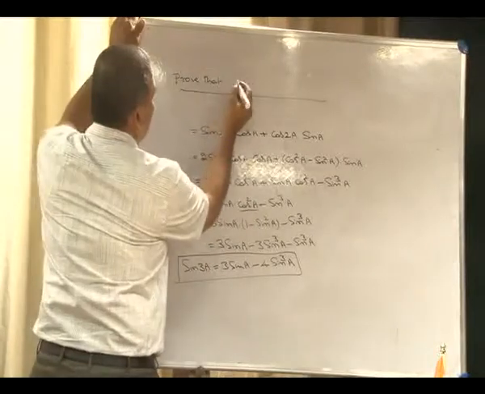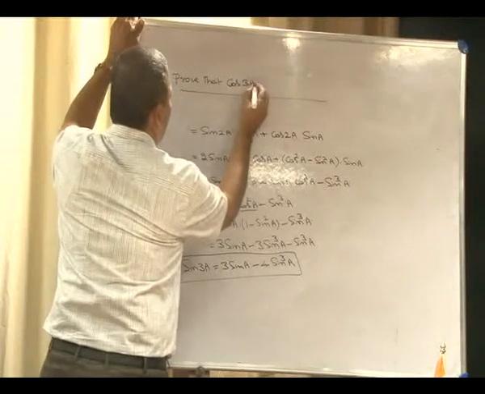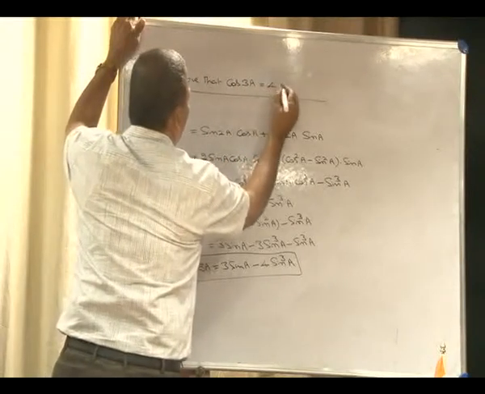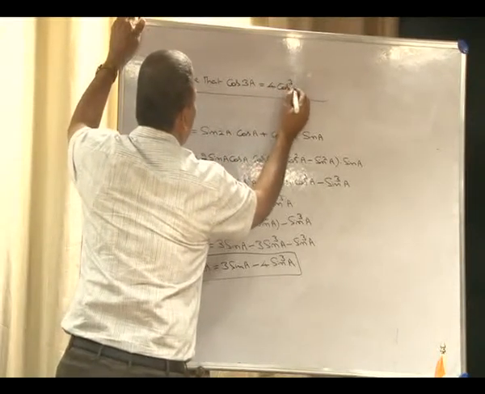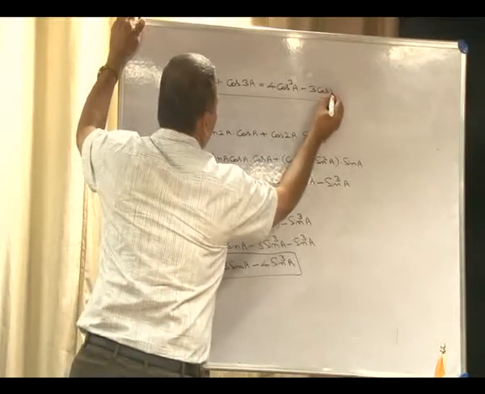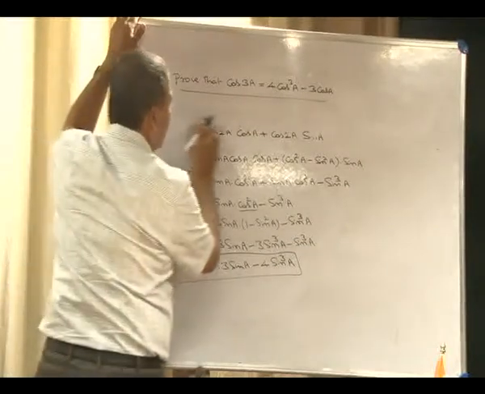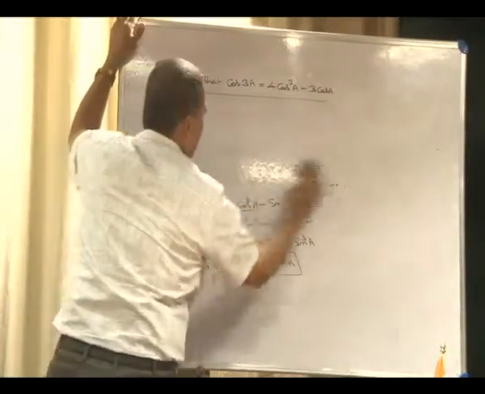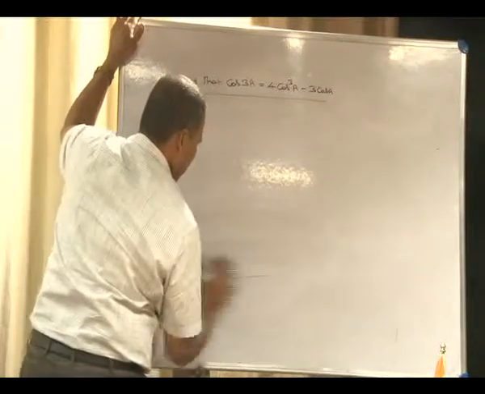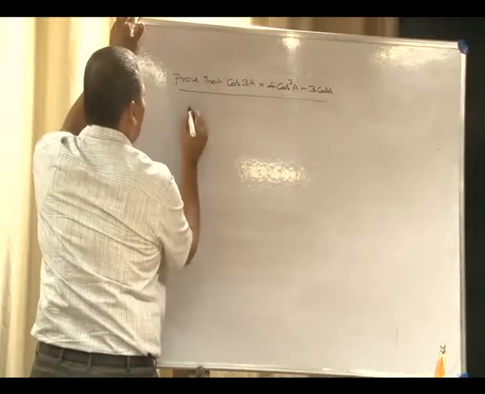Next one, prove that cos 3A equals 4 cos cube A minus 3 cos A. Now take the term cos 3A.